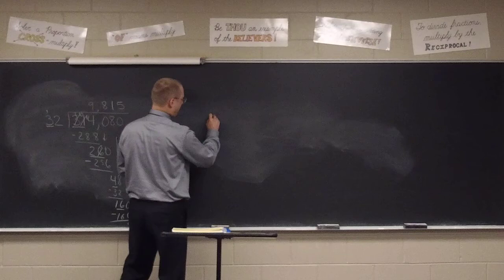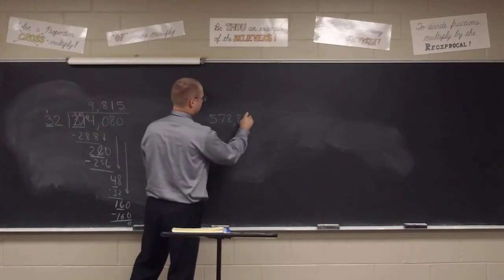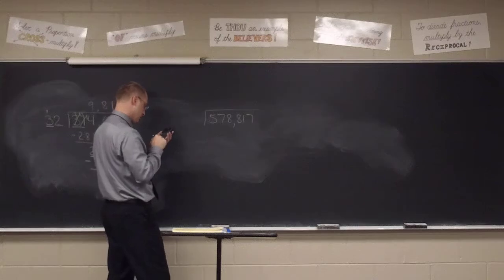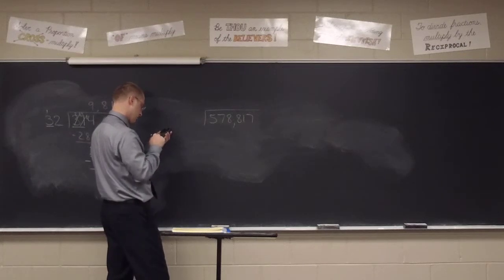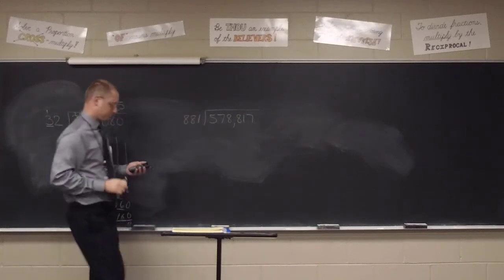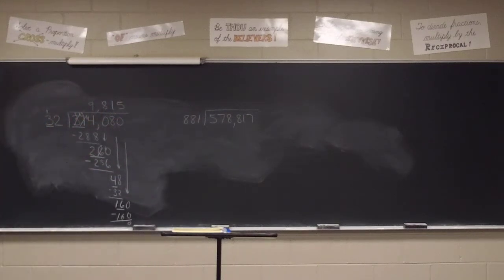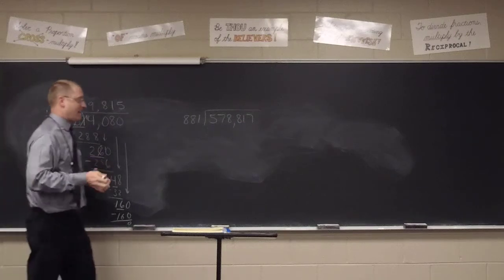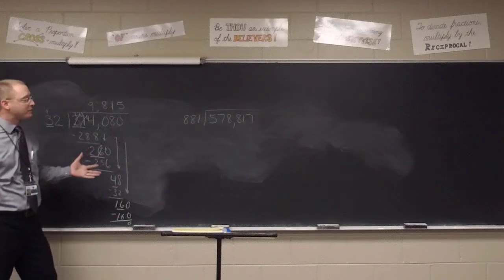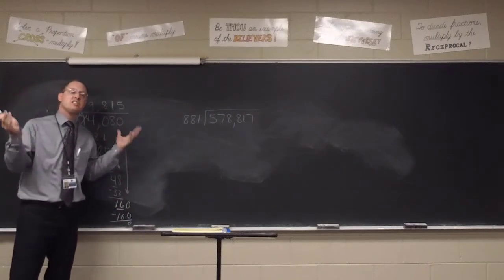Nate? If we have 578,817 being divided by 881. Again, I don't know my 881 times tables, but you don't gotta know your 881 times tables because we do things the easy way.